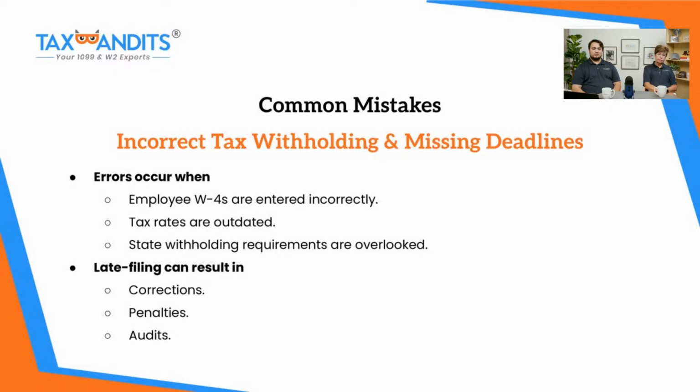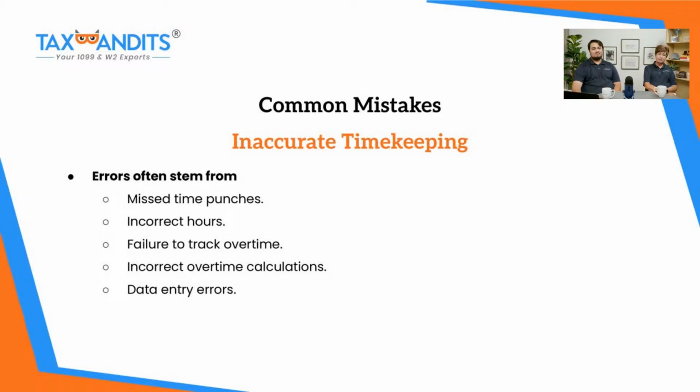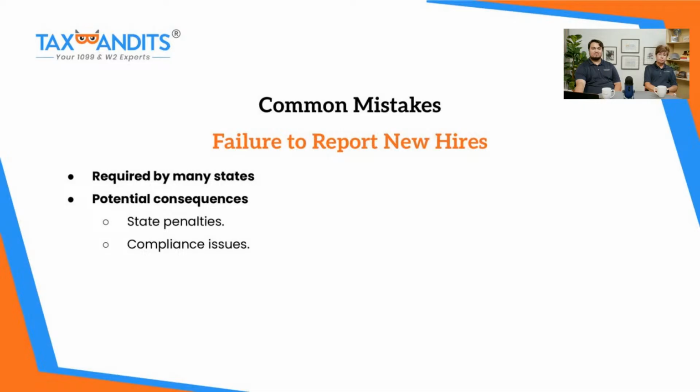Late filing can result in corrections, penalties, and audits, and nobody likes having the IRS look into them. Errors often stem from missed time punches, incorrect hours, failure to track overtime, incorrect overtime calculations, or data entry errors. And then failure to report new hires. Again, this is something that's required by many states, and consequences can include penalties and issues more at a state level.